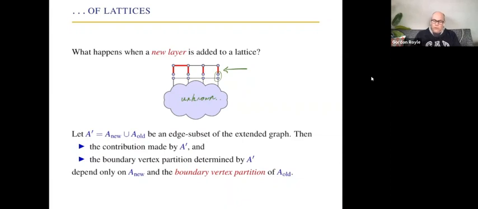Okay, don't worry too much about that because it's sort of the basic. All I really want to say is that you can work out the effect of adding an extra layer just by keeping some additional information about the chromatic polynomial.